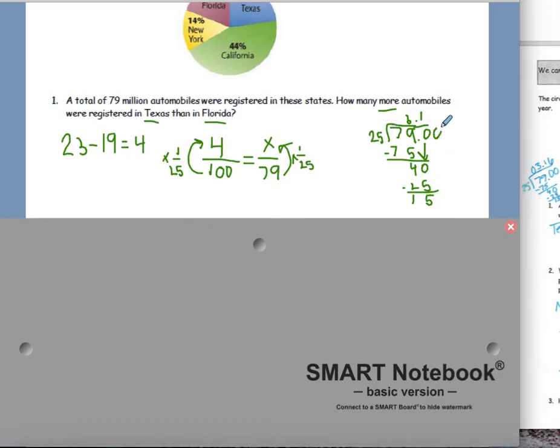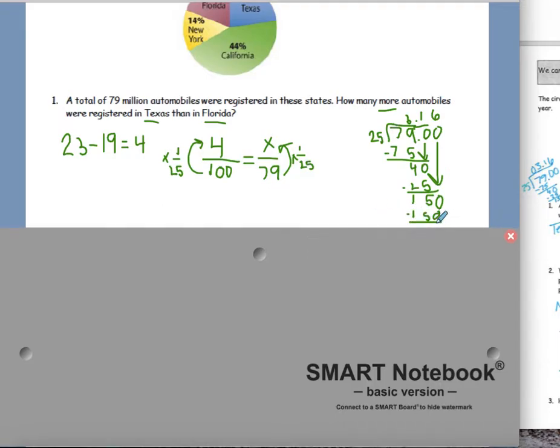Add another 0. 25 goes into 150 6 times. And we have no more remainder. So our answer is 3.16 million.